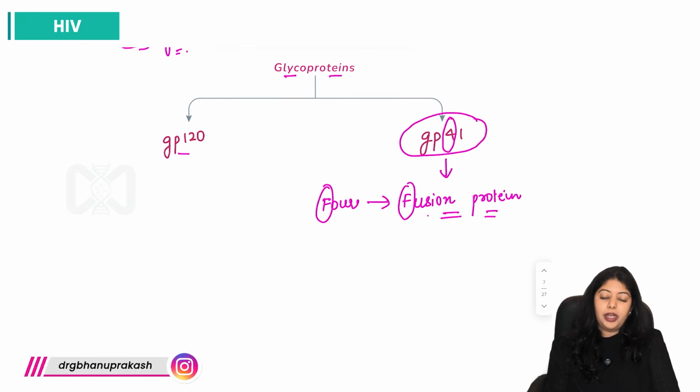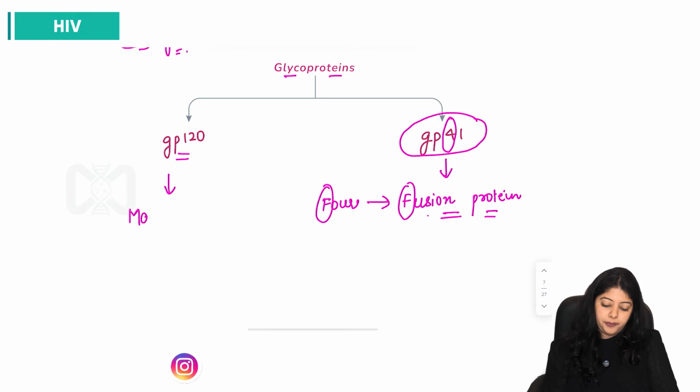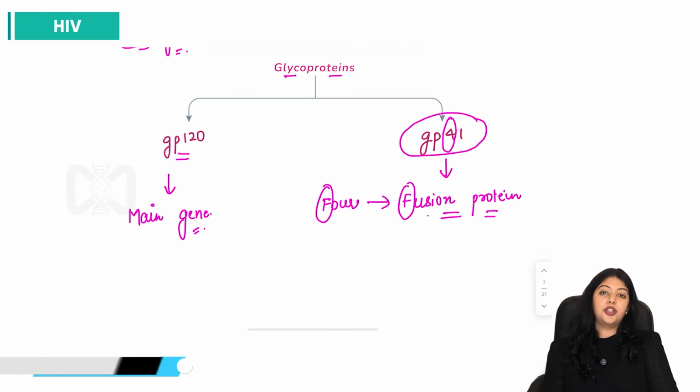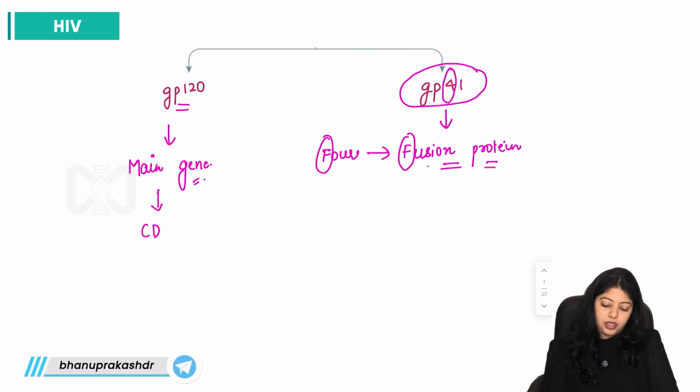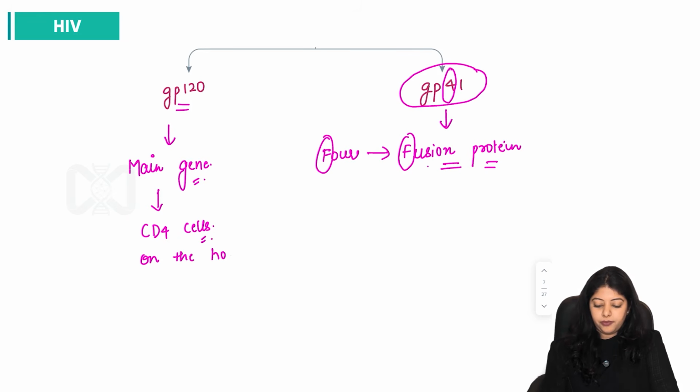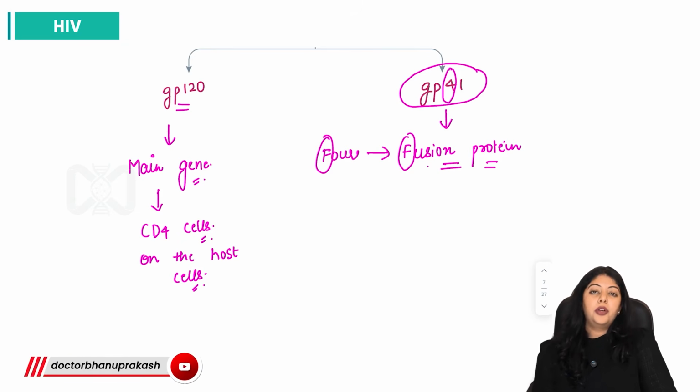Whereas GP120 is the main structural protein which attaches to CD4 cells on the host cells, allowing all the important pathogenic steps related to HIV pathogenesis.